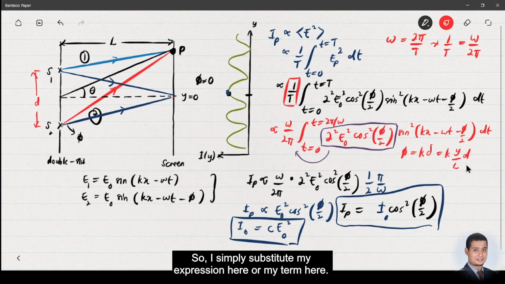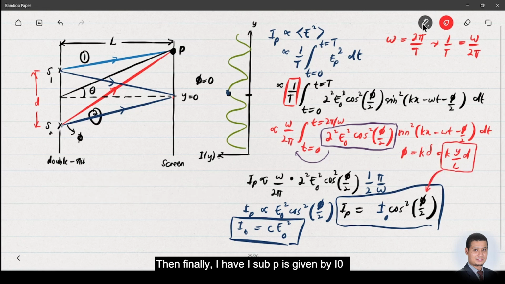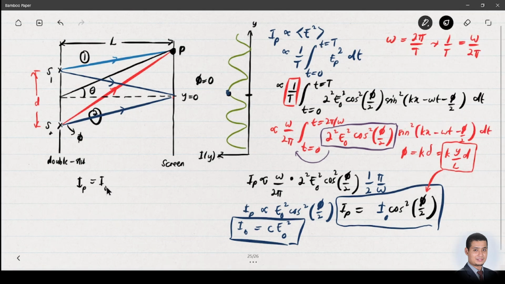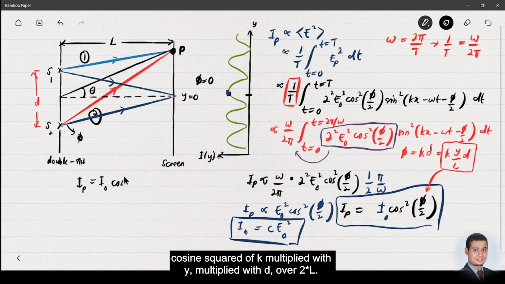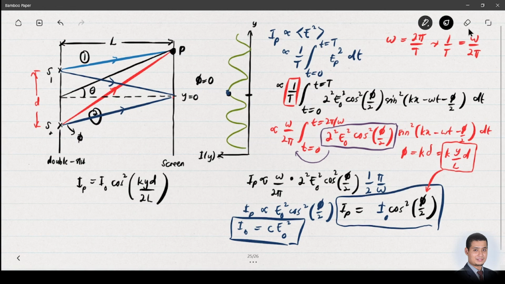So I simply substitute my expression here. Then finally, I have I sub P is given by I naught cosine squared of k multiplied with y multiplied with d over 2L.